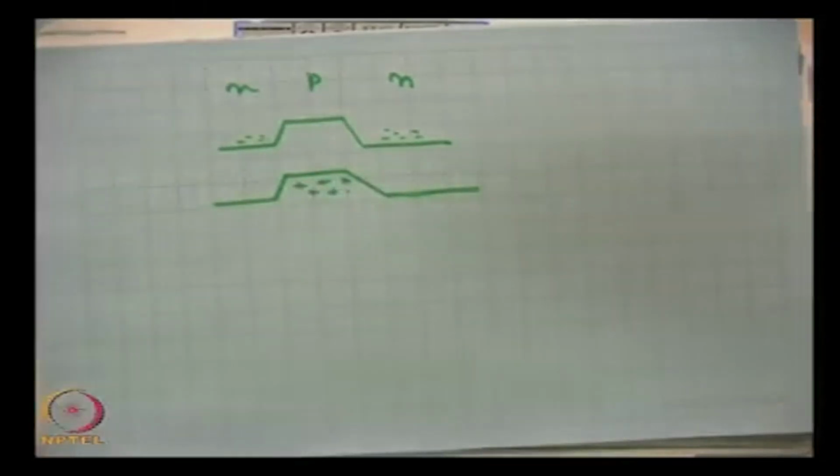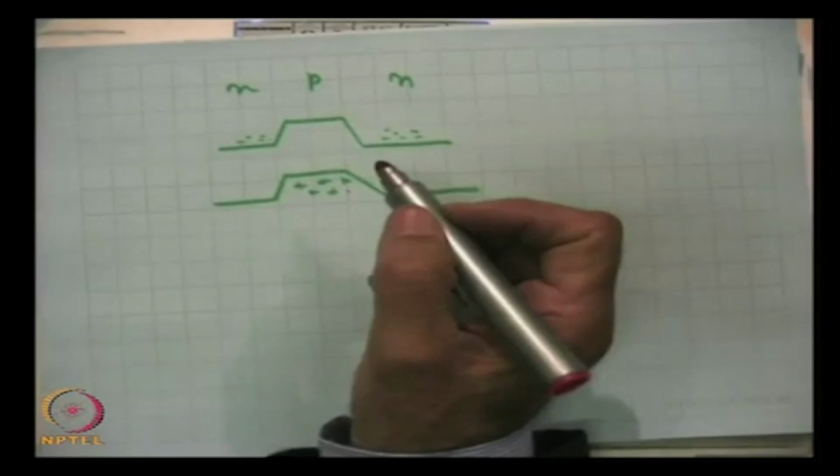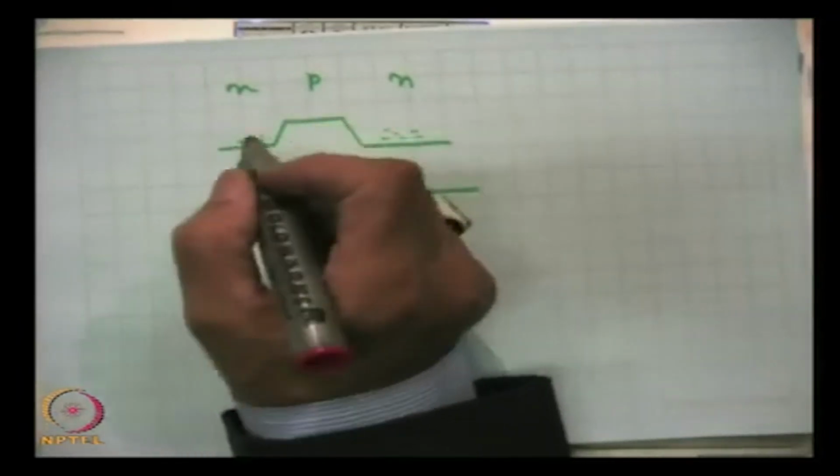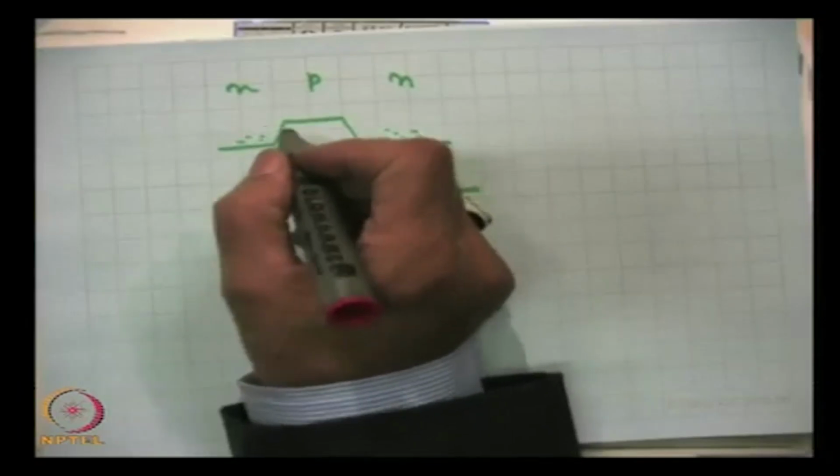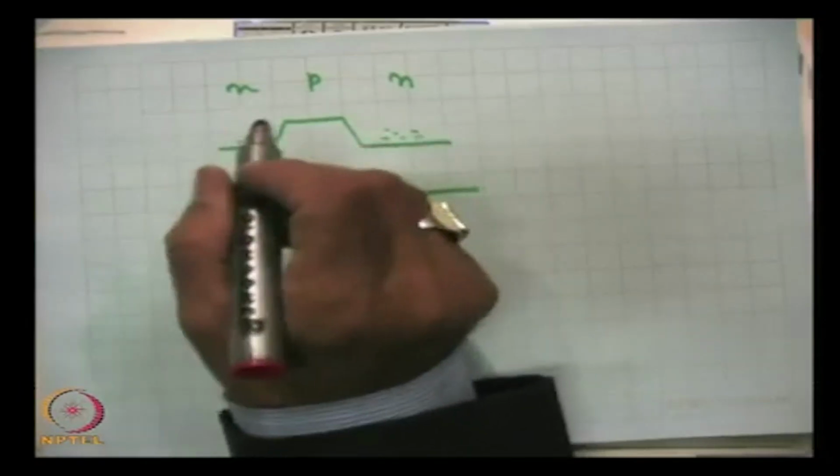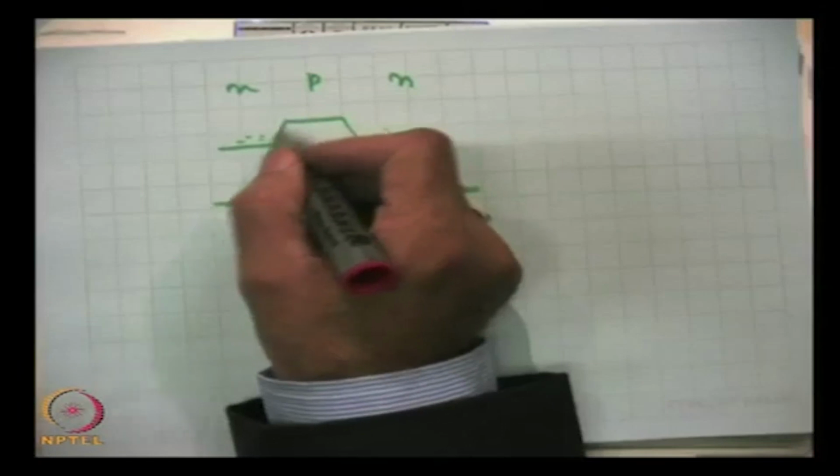This was an unbiased potential energy diagram. Now, we have applied forward bias on both sides. So, forward bias creates the field opposite to the built-in field.